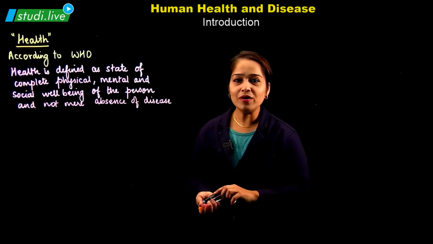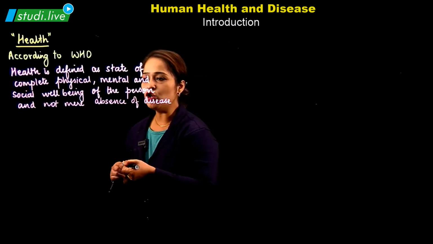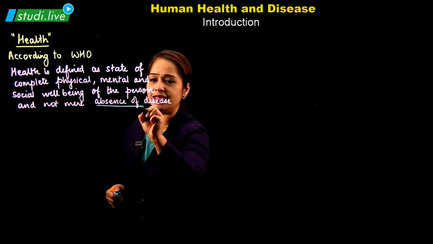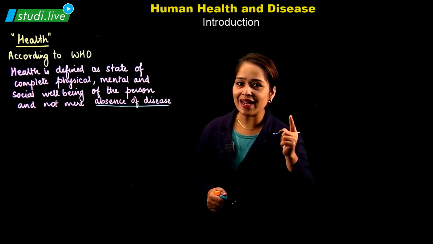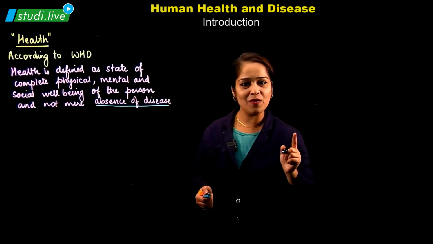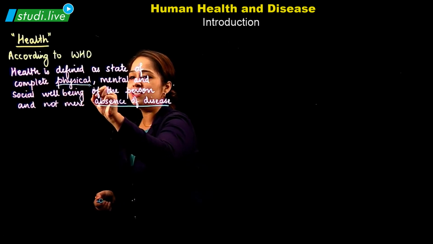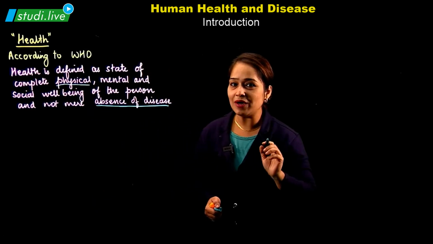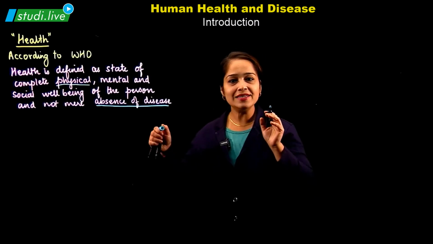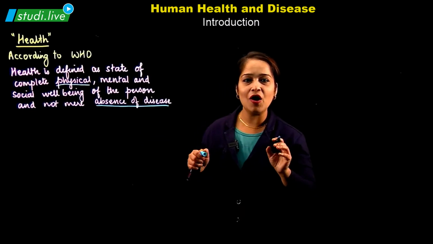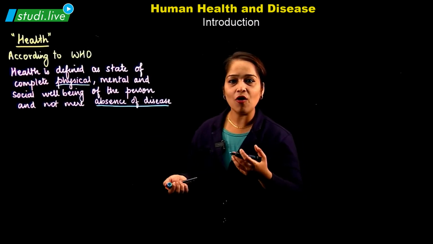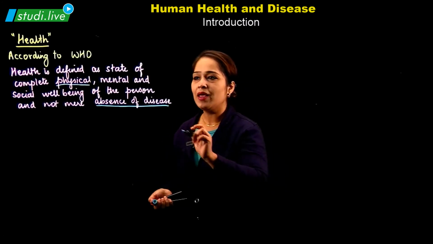Here first they are saying that it is not mere absence of disease. So first criteria, absence of disease should be there for proper health. Then there should be complete physical well-being: the person should be normal, as in moving from one place to another or walking around. Physical health should be good.